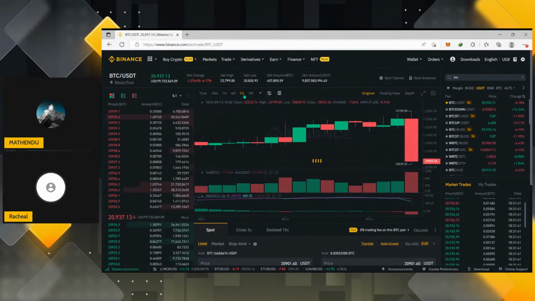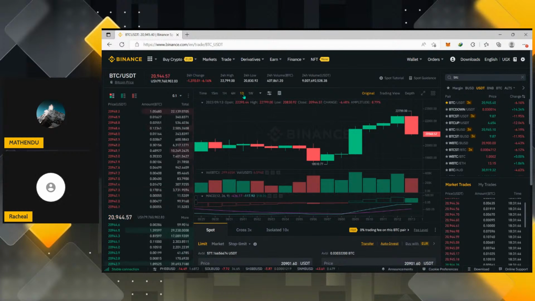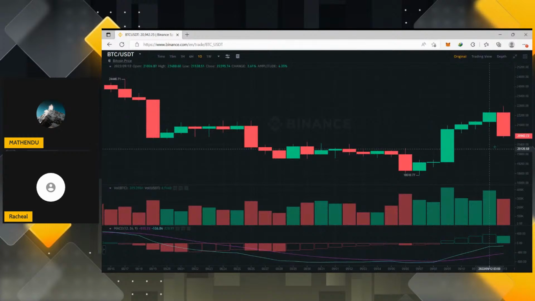So I'll explain using the 1 day candle. I hope you can all see. Here we have this last candle, the 1 day candle, and briefly, let's understand the candle.